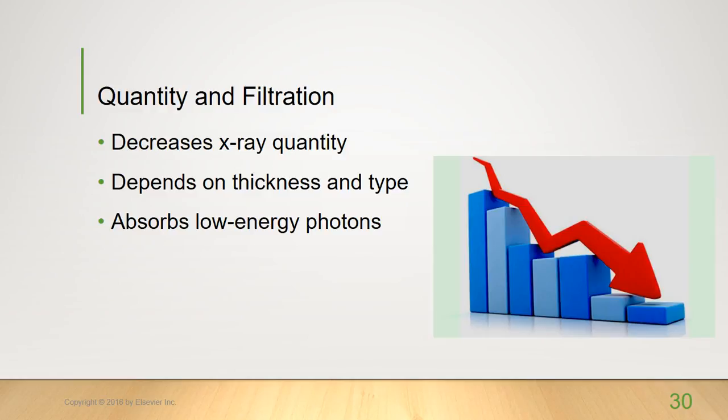That's what you actually need to remember. Filtration is used to reduce patient dose by removing soft or low energy X-rays. But when you use filtration, it does decrease the quantity, and that amount depends on the thickness and the type, and its purpose is to absorb low energy, and those low energy photons are the ones that create more dose to your patient.